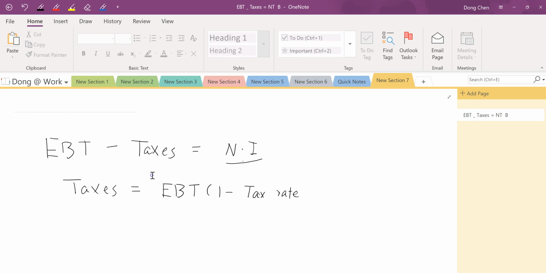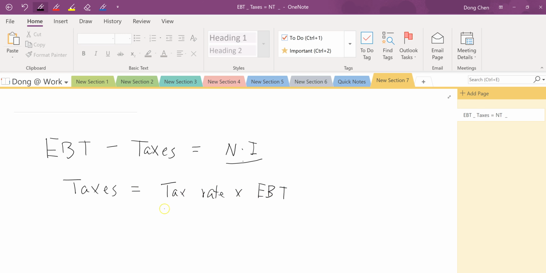This is not correct. Taxes is just the tax rate times EBT, right? The taxable income times the tax rate, that's taxes.